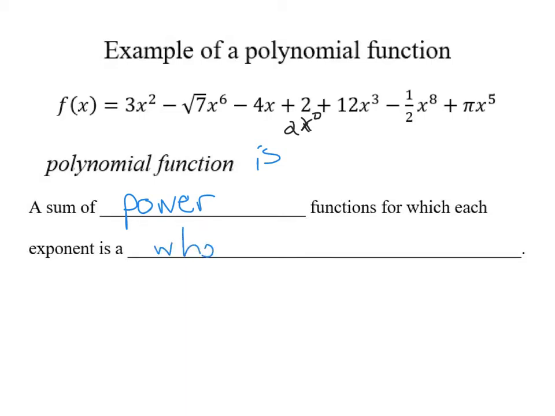Some definitions you'll see say each exponent is a non-negative integer. Well, what are all the non-negative integers? They're simply whole numbers, being all the positive integers plus 0. That's why we say whole numbers, so that we include 0.